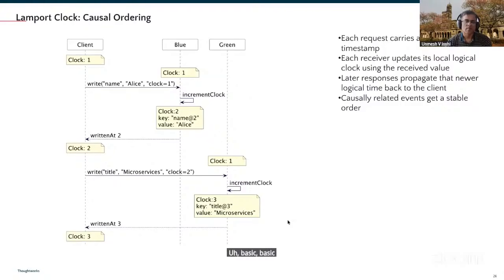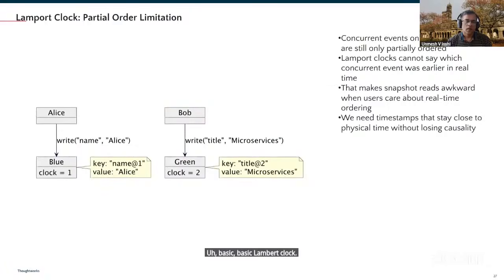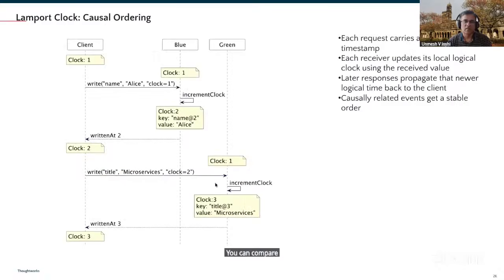a basic Lamport clock. But a Lamport clock has one limitation, and that limitation is on what you can compare. In this case, we said that we can compare the version of title with the version of name, and that's possible only because there was a chain of messages that caused these versions to relate to each other.